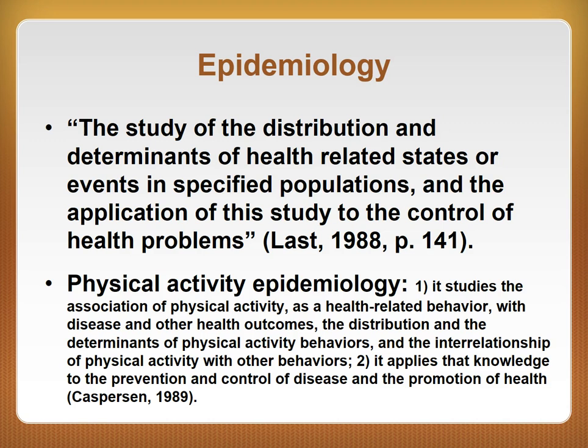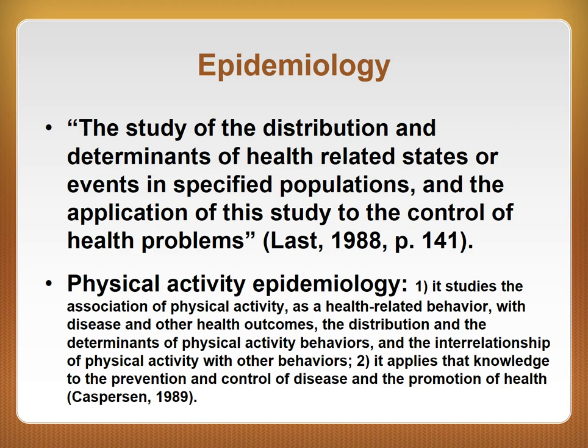These are all questions that epidemiologists are trained to answer, and the results can be applied to public health decision-making and policy development. When it comes to physical activity epidemiology, it also consists of 2 parts.